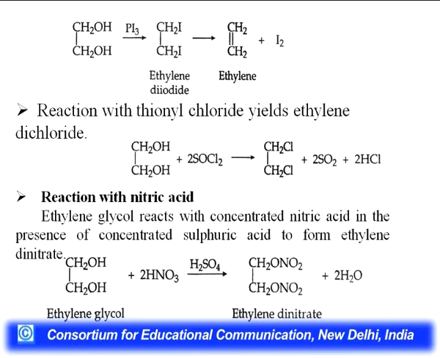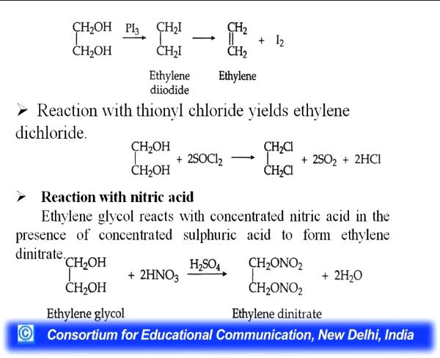Reaction with thionyl chloride yields ethylene dichloride. You can see ethane 1,2-diol, when it reacts with thionyl chloride, this is SOCl2, will give you dichloroethane with sulfur dioxide and HCl. Next reaction is with nitric acid.